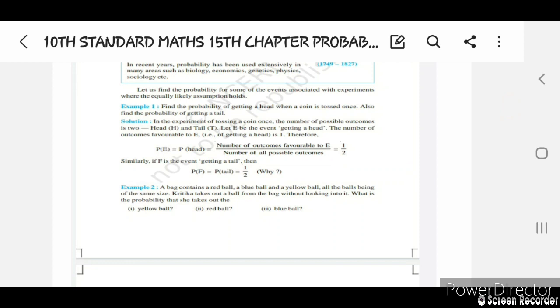Let E be the event of getting a head. Therefore the number of outcomes favorable to the event is 1. So the probability of head is the number of favorable outcomes, 1, divided by the number of all possible outcomes, 2. Therefore it is 1 by 2, the probability of the event.